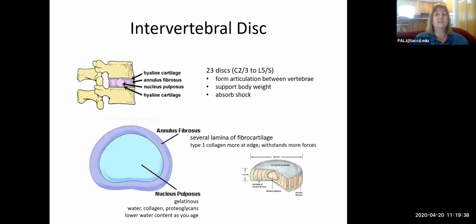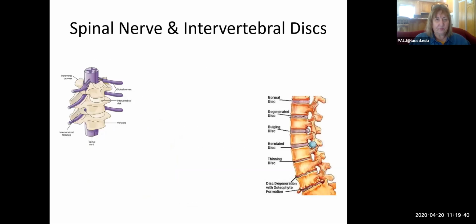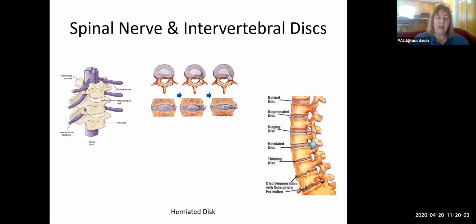The articular cartilage is still there. So the discs are located between the bodies of the vertebrae, and then the spinal cord is in the vertebral canal and the vertebral foramen, sorry. And then the spinal nerves come out through the intervertebral foramina.